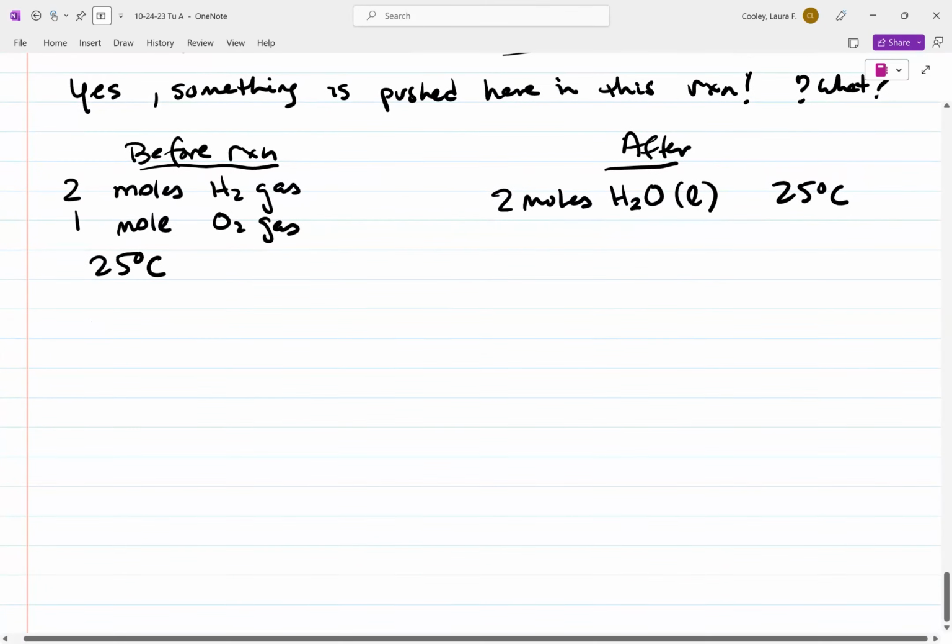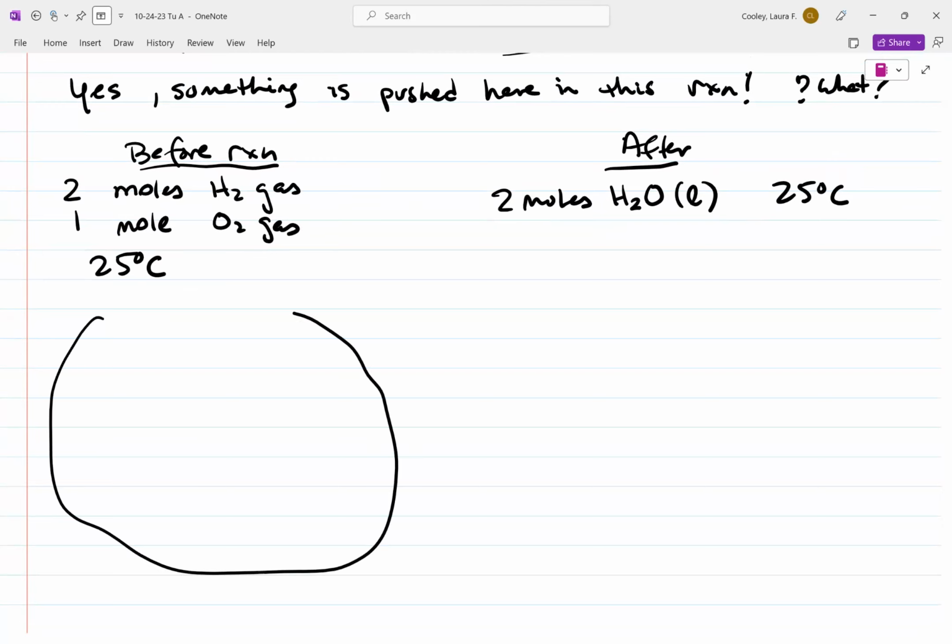So here's the picture. Before the reaction, you have this giant volume of gases. You have a large volume. And after the reaction, you have a few drops of water.